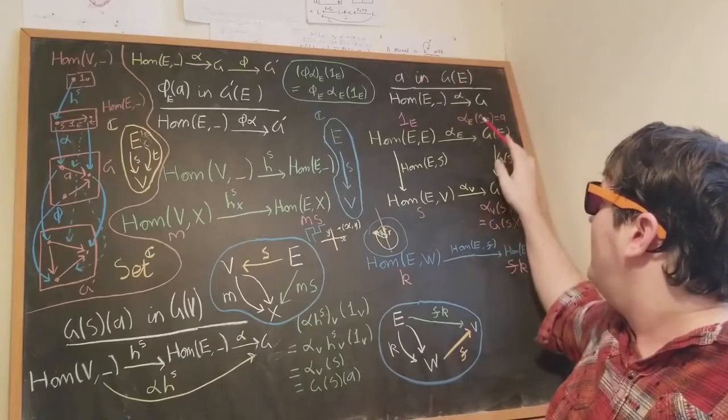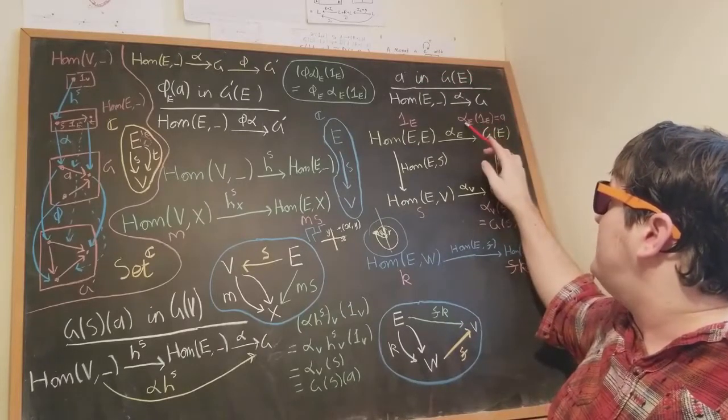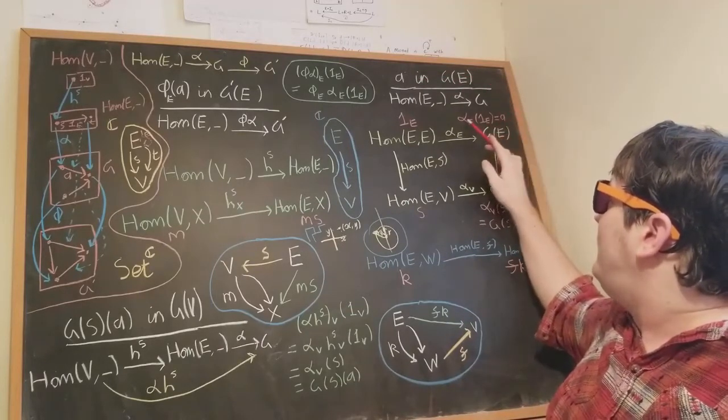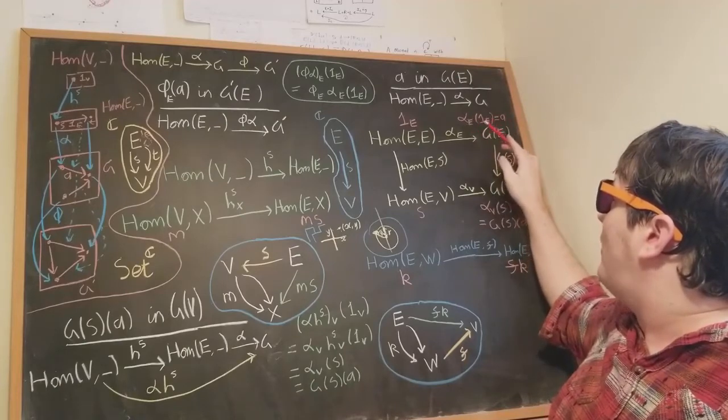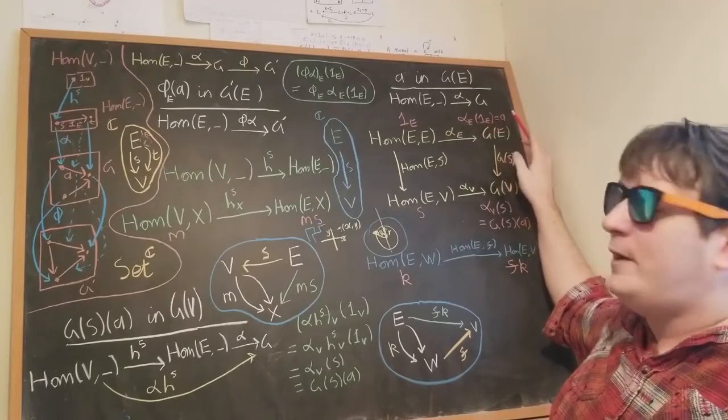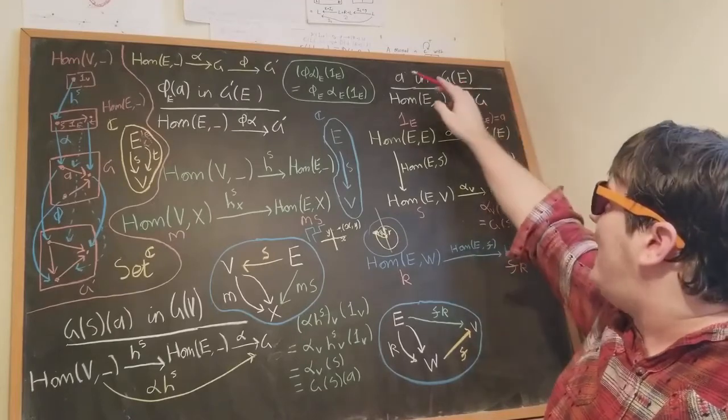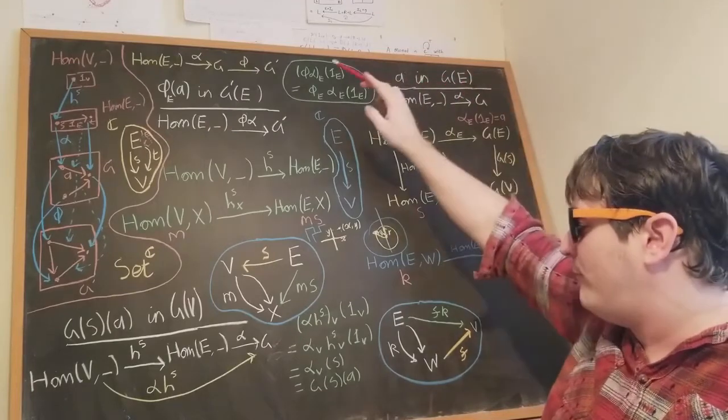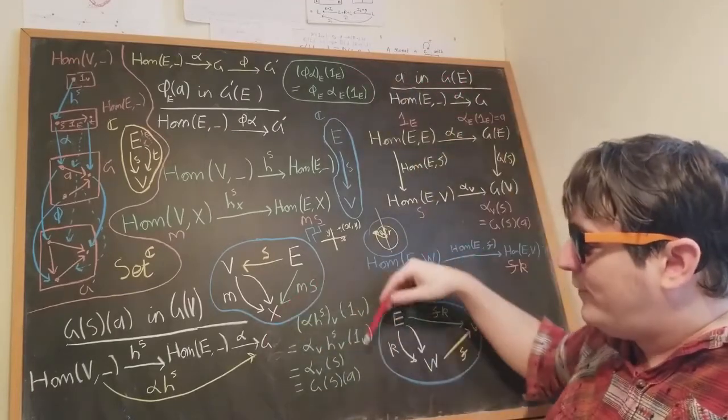Just like we take a natural transformation alpha, and then we take the appropriate component operating on the identity, we get the proper element, the kind of element that this corresponds with. So we'll do just the same thing here.